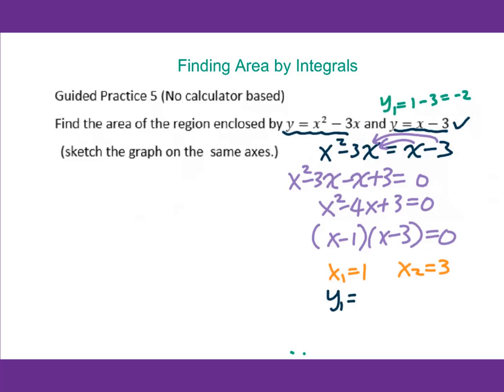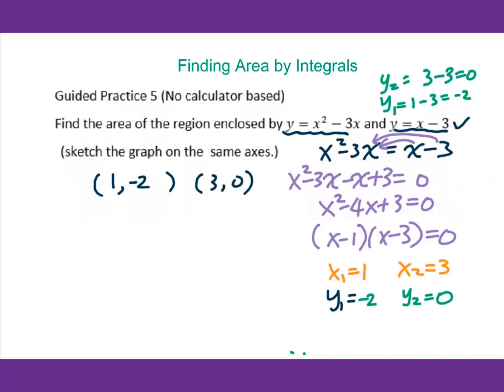That's your y1. For y2, 3 minus 3 equals 0. So we figure out those two coordinates: (1, negative 2) and (3, 0).